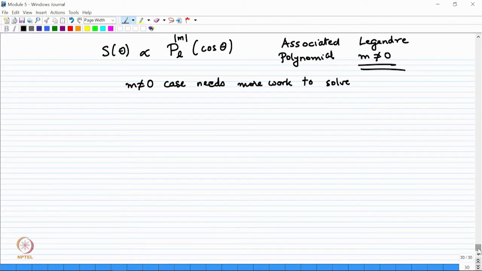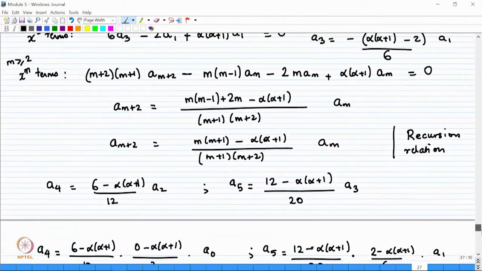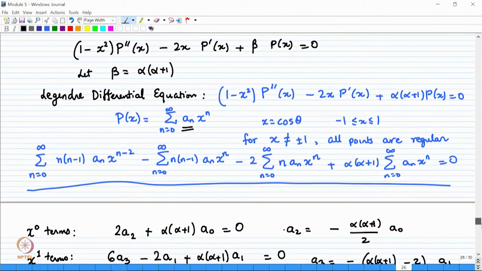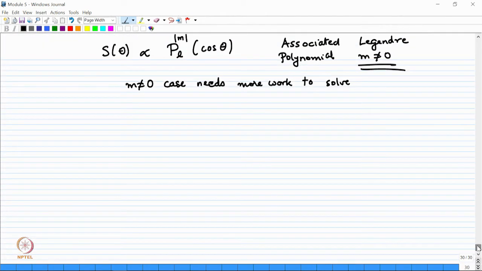Now when you use this solution and put it back in the differential equation for theta, this whole factor will just be replaced by L plus 1. And then you will get an equation.